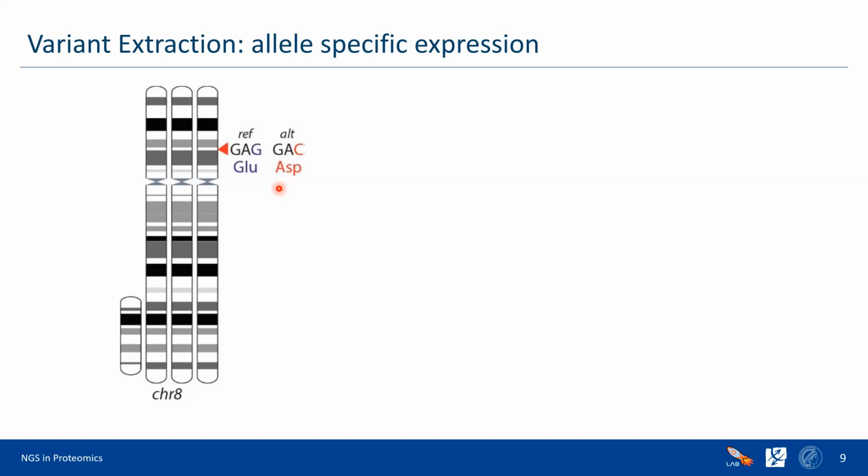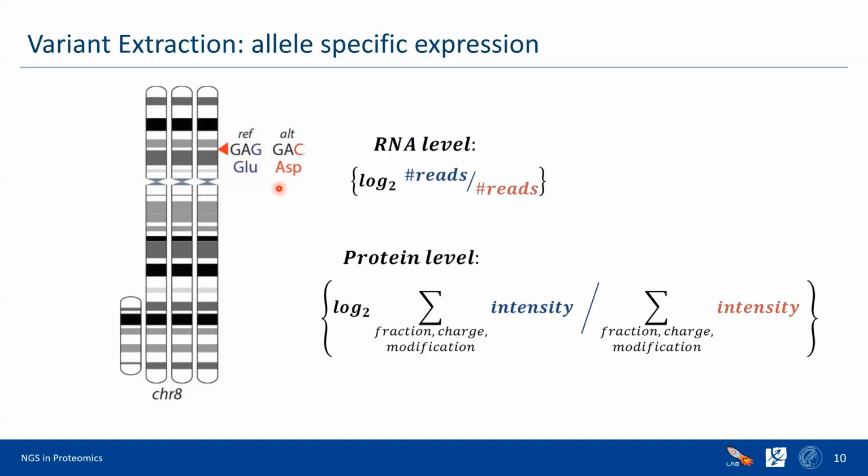It's not totally allele specific. I mean, it's, let's say, copy number variation driven allele specific expression. And how can we do that? We can look at this from two perspectives. From the RNA level, we can divide the number of reads which support the reference nucleotide by the number of reads which support the alternative nucleotide.